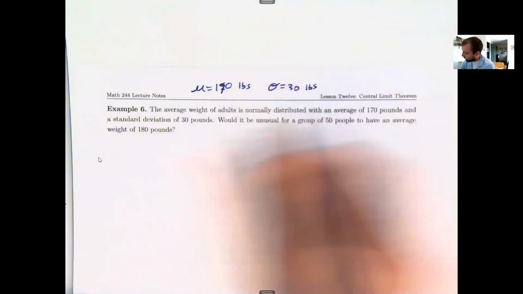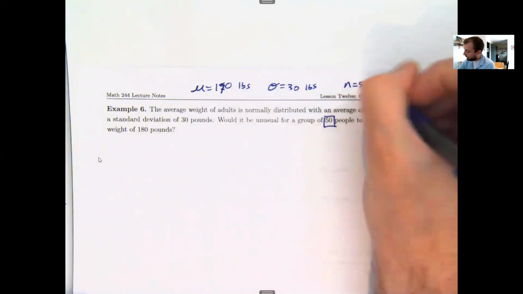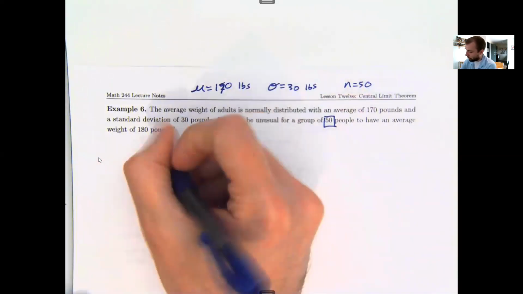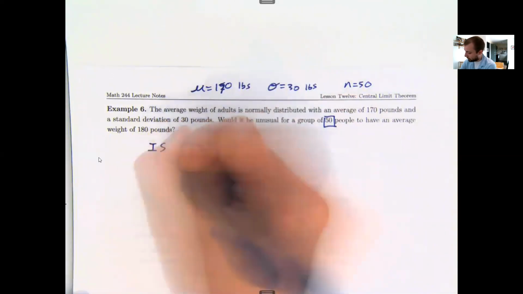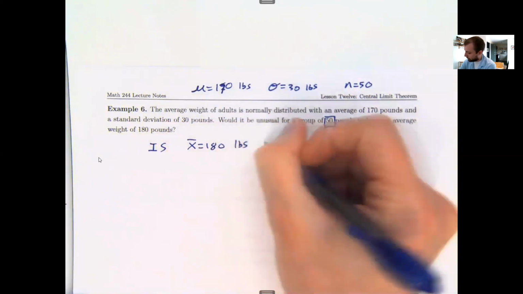Would it be unusual for a group of 50, my n is 50, to have a sample average weight of 180 pounds? So I'm wondering, is x bar equals 180 pounds unusual?